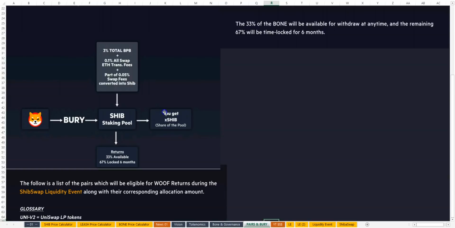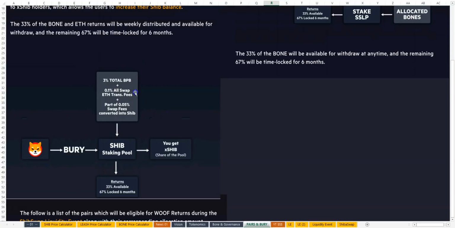And whilst it's buried into the ShibaSwap protocol, you're going to be earning 3% of all BONE which is produced on the block. Your share is pretty much how much SHIB you have compared to how much SHIB everyone else has.